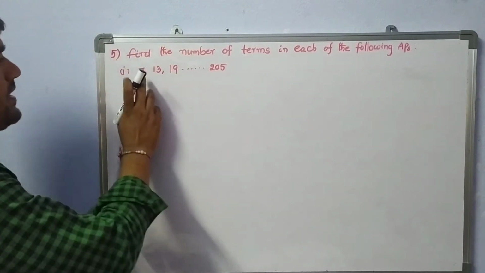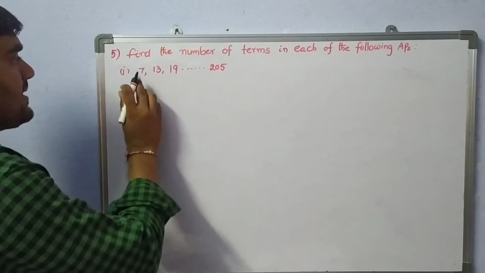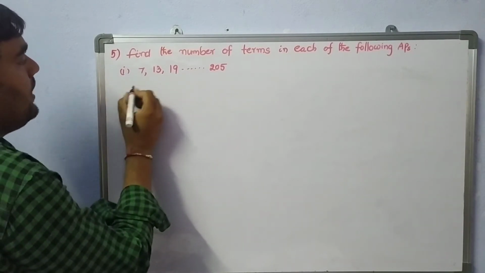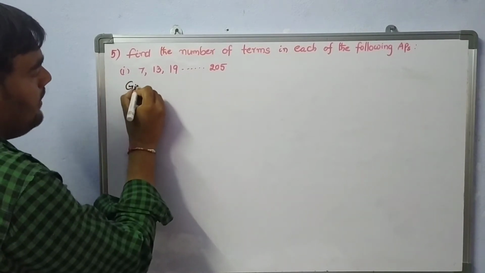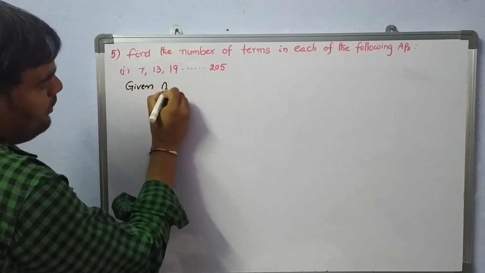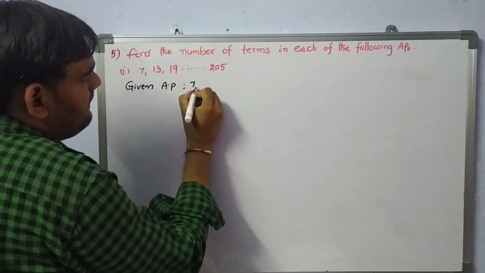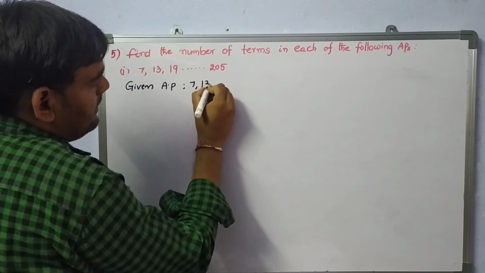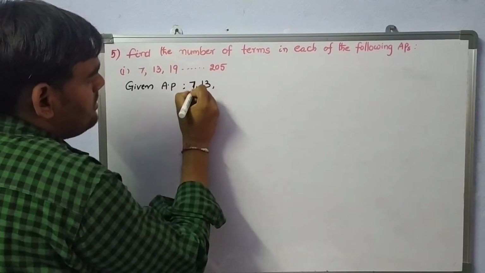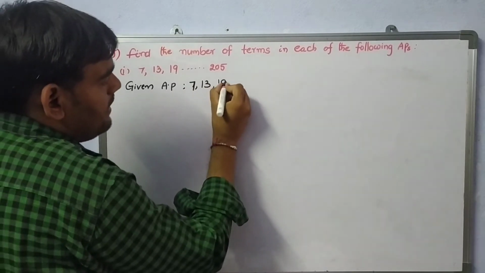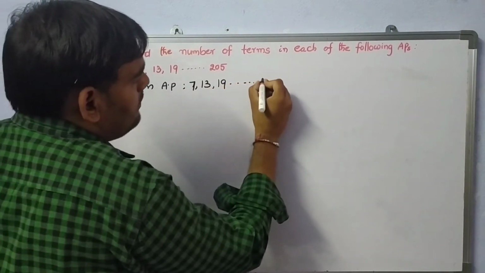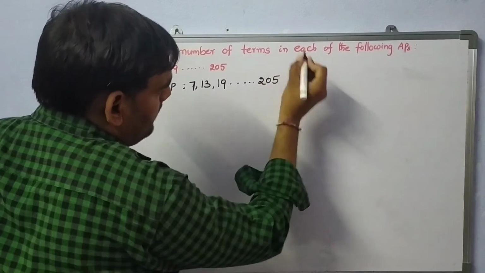For that, the first term a is 7. The given AP is 7, 13, 19 and so on up to 205.